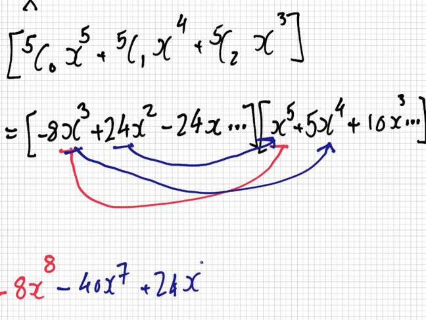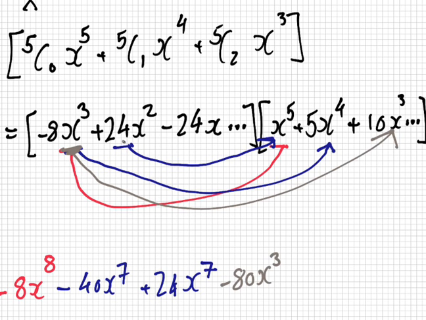24x^7. Okay, and what's my last one I need? 6. So what about the first one with the third one? That would be minus 80x^6. Then the second one with the second one, yes, 6, thank you.